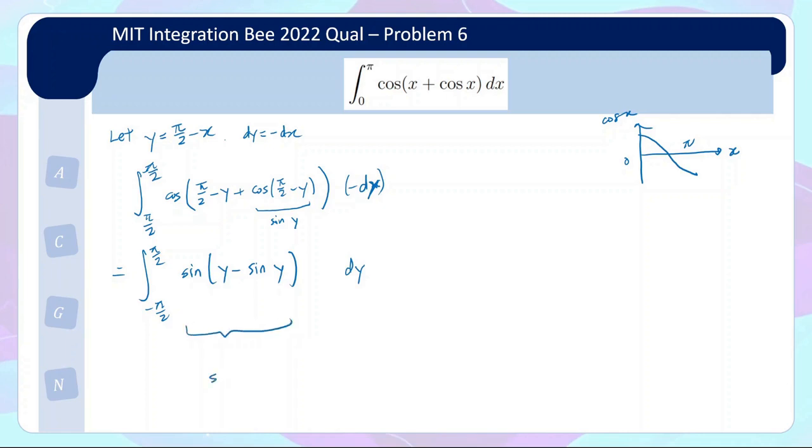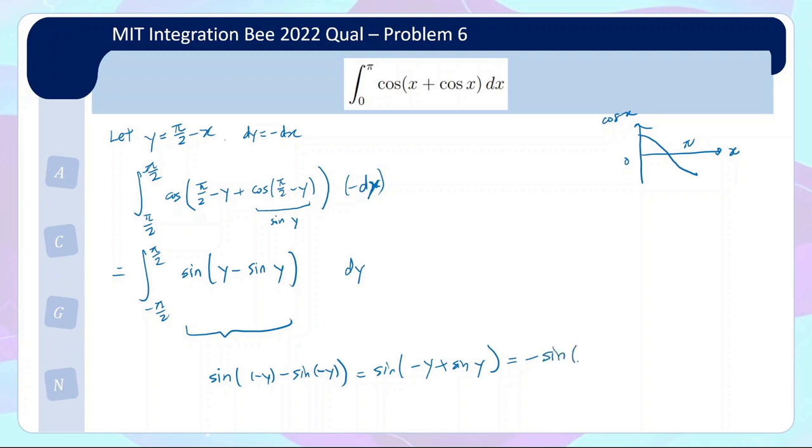What happens? If you sub in minus y instead, you get sine of minus y minus sine of minus y. The sine of minus y stays as minus sine y, and the sign in the second term gets negative, so it becomes plus sine y. And I can extract out an overall minus sign.